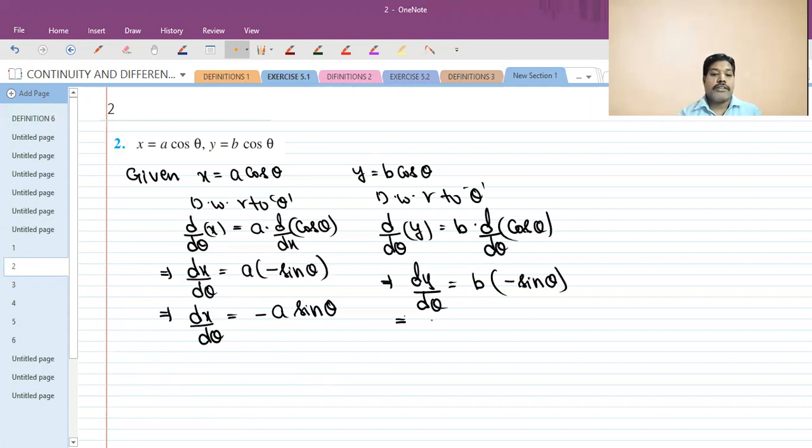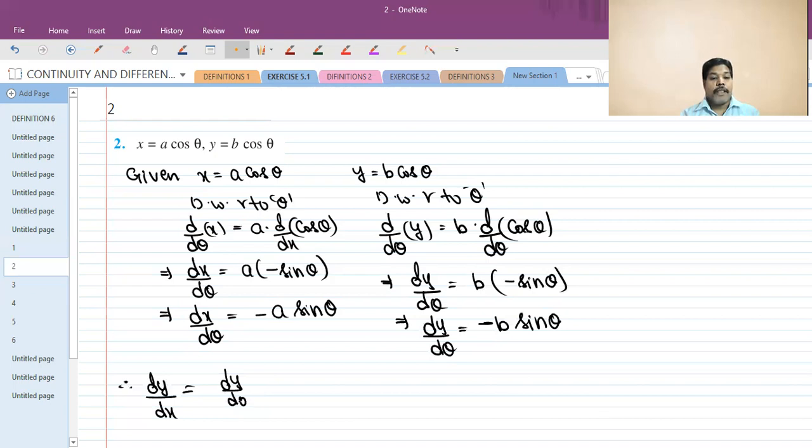So that implies dy by d theta is equal to minus b sine theta. Therefore, what will we take, students? Therefore, dy by dx is equal to dy by d theta by dx by d theta.